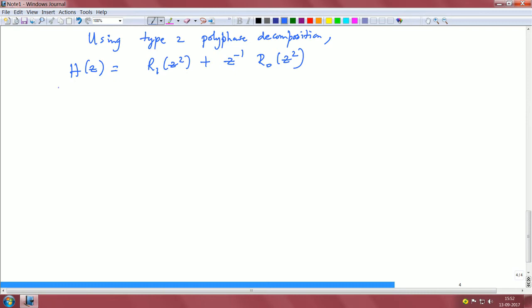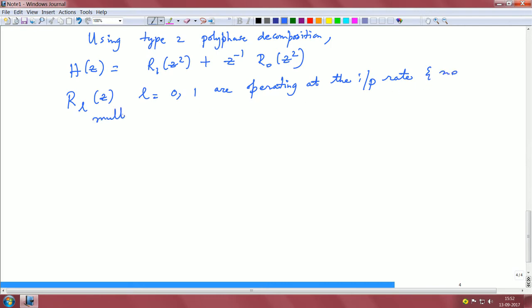Now each of these filters R_l of z, l equals 0, 1, are operating at the input rate and no multiplier is resting.